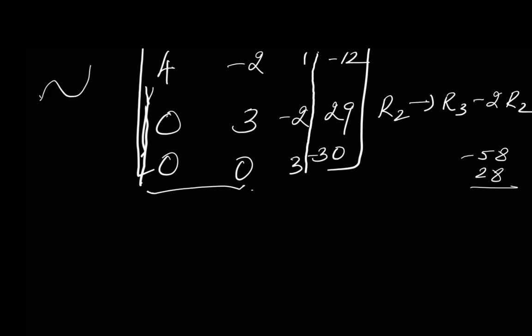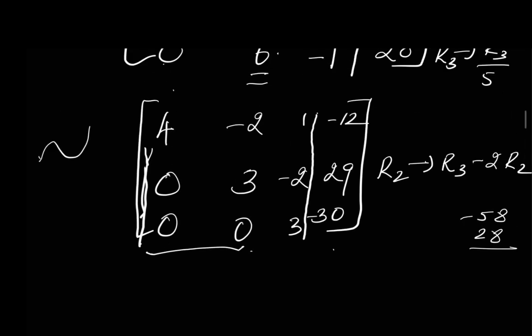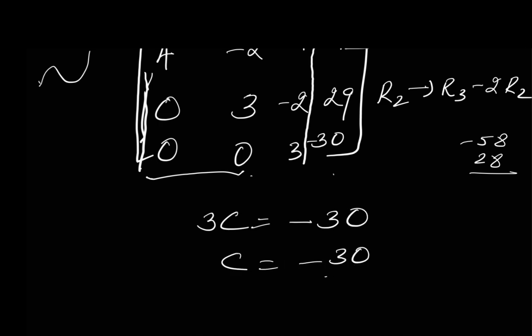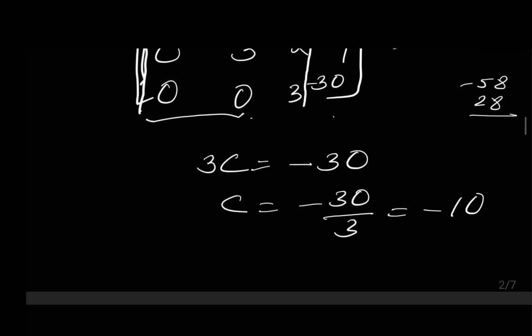elementary transformation here. Look at the last row. See, this is A, B constant, C. So 3 is the coefficient of C. 3C is equal to minus 30. So C is equal to minus 30 by 3. That is minus 10. See the second row, 3B.